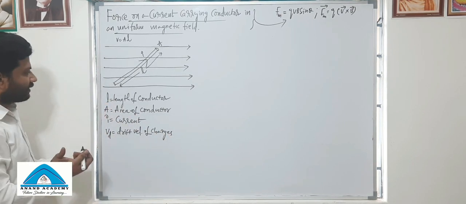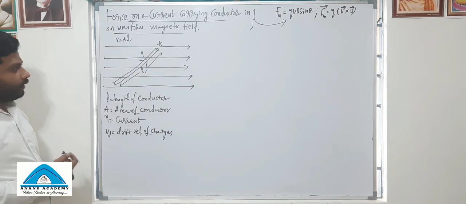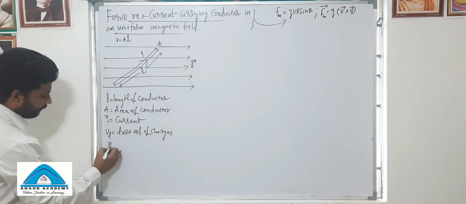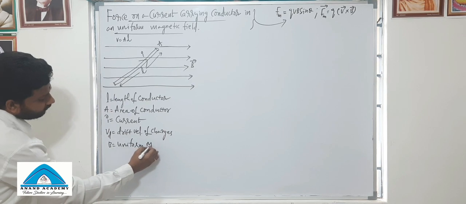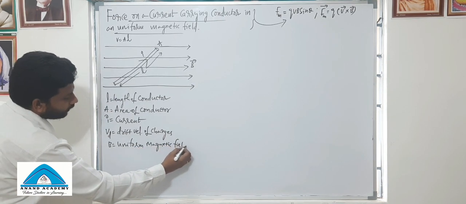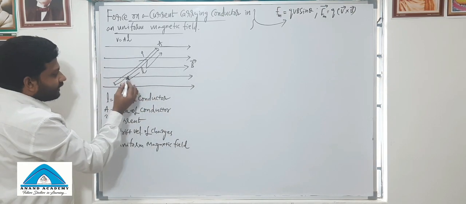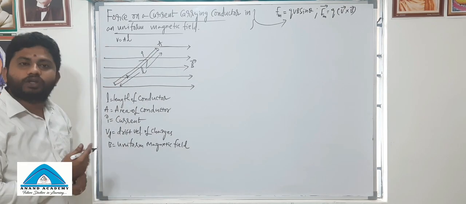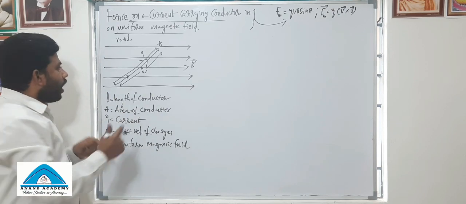Now, here one more important point. Carefully see. This is a B bar. B is the uniform magnetic field. Now, on each and every charge, for example, here there is a charge Q. On this charge Q, definitely there is a magnetic force.